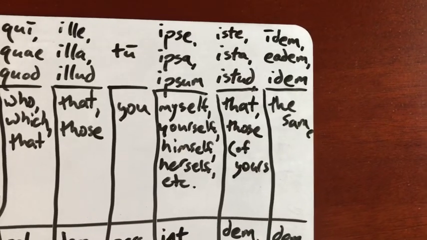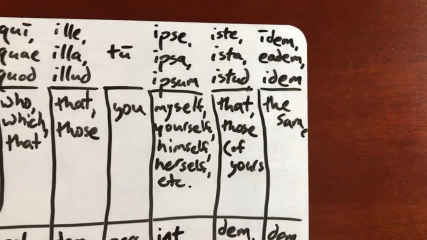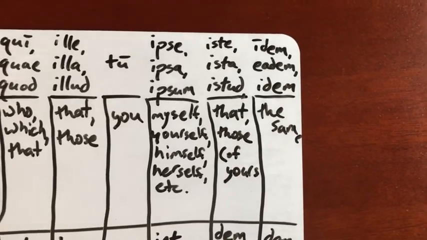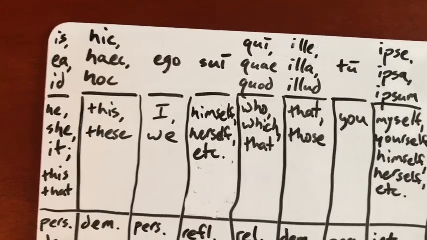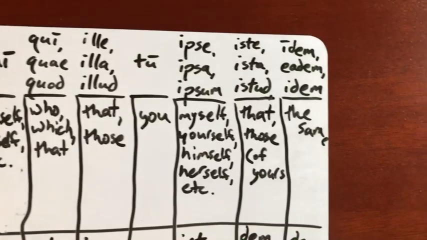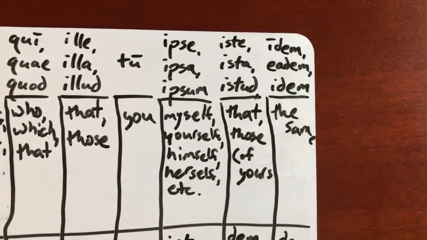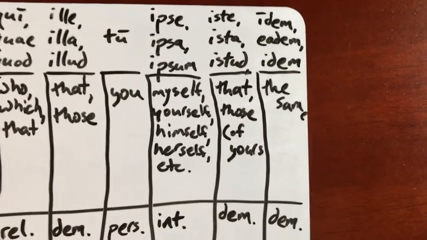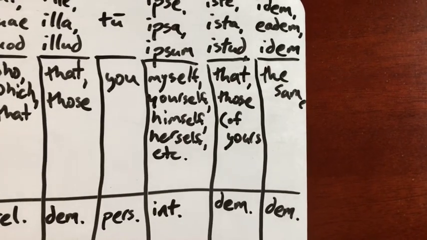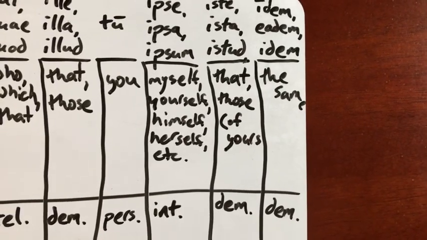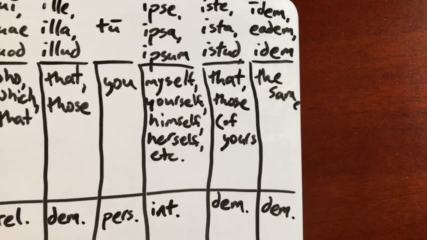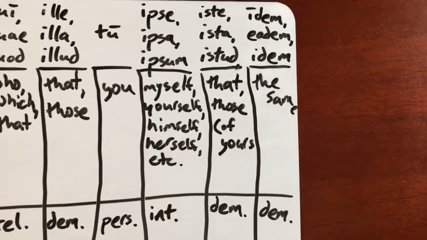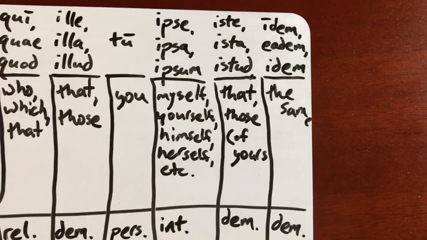And then we've got idem, eadem, idem, which is basically a compound form of is ea id, just with dem at the end. And idem, eadem, idem means the same. Okay, and this is also going to be a demonstrative. And some of these, like idem, eadem, idem, can function as both a pronoun or an adjective. So they can do double duty sometimes.